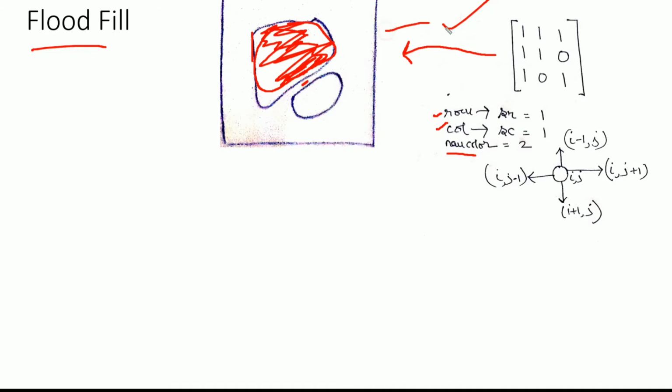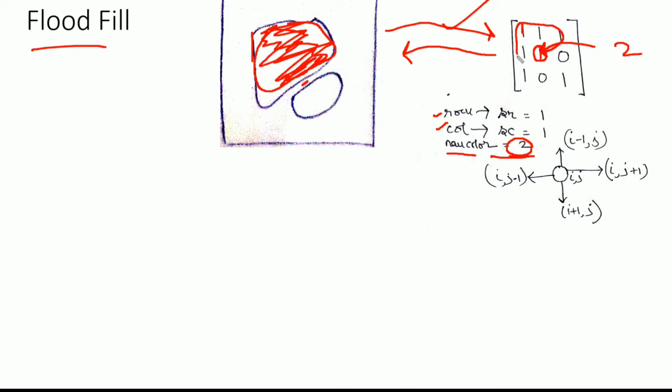So if we consider this matrix, suppose we are going to fill a new color in this pixel value. So suppose the new color is 2, it means new color having pixel value 2. Okay, so what will happen is that all the pixel values which are 1 connected to this location, so what are those?